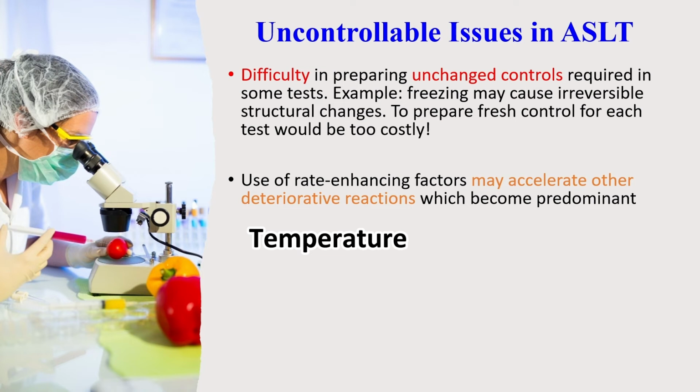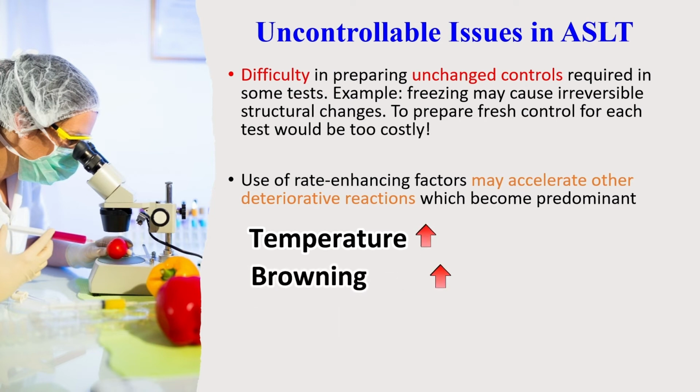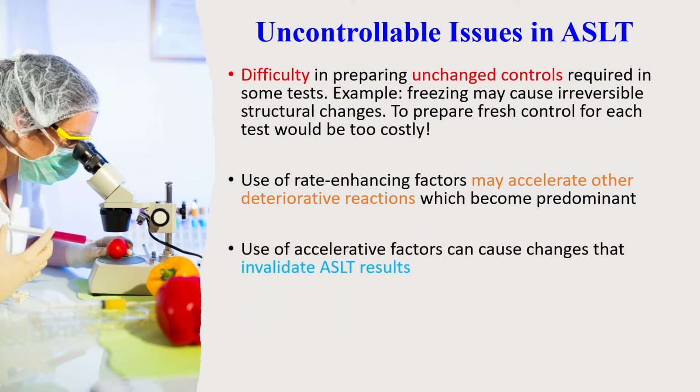We think that when we increase the temperature, the oxidation may happen faster, but we don't know that until a limit or a point, the browning reaction may overtake the oxidative reactions and become more dominant in higher temperature conditions. Then third, use of accelerative factors can cause changes that invalidate the ASLT results.